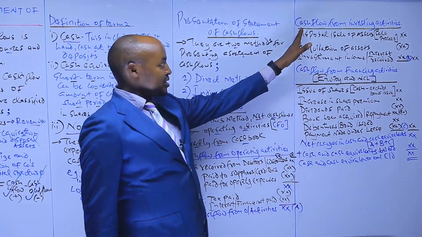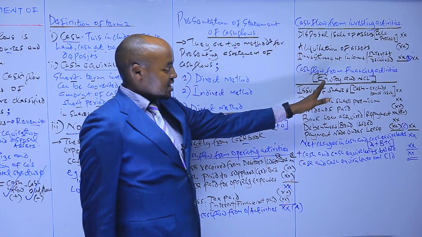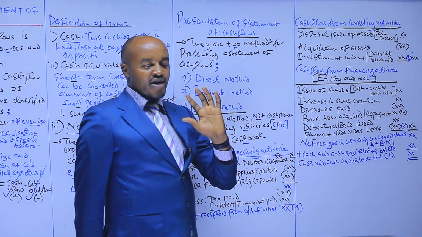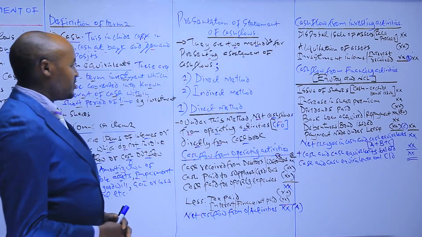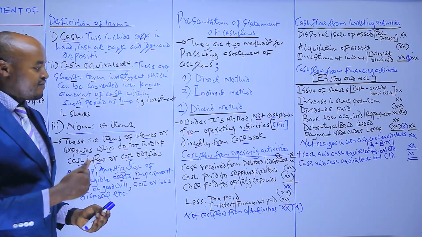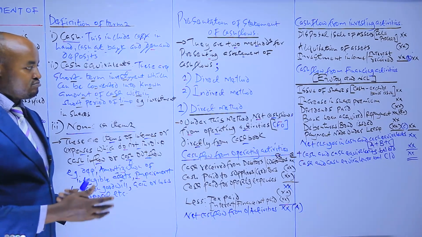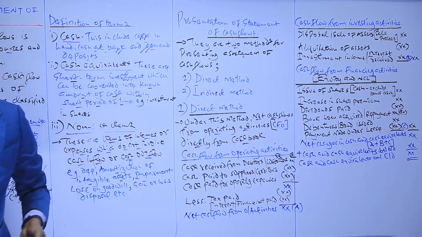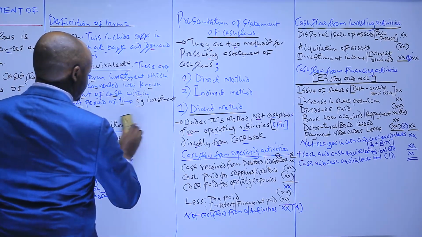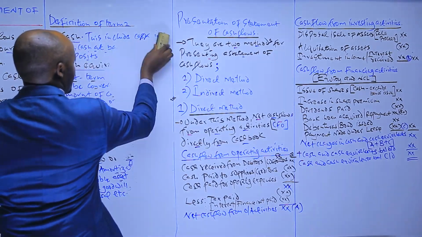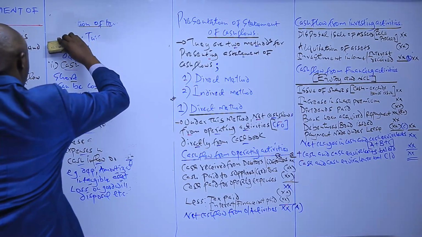How we determine the net cash flow from investing and financing, under the two methods we use the same approach. So I want us to look at how we determine the CFO using the second method, and that is the indirect method.